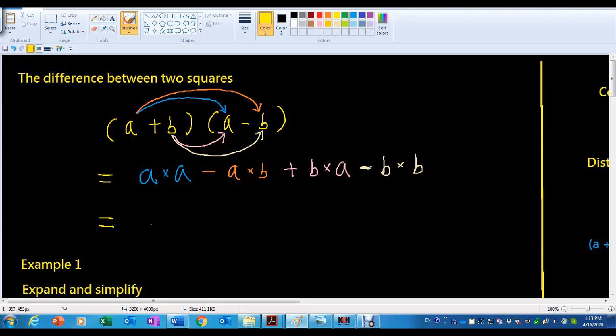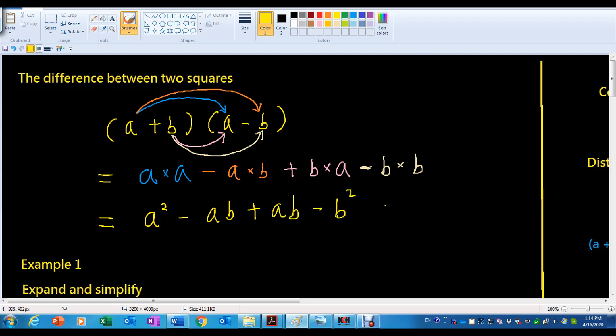Let's write the answer. It would be a squared minus ab plus ba, and b times a actually means a times b, minus b squared.